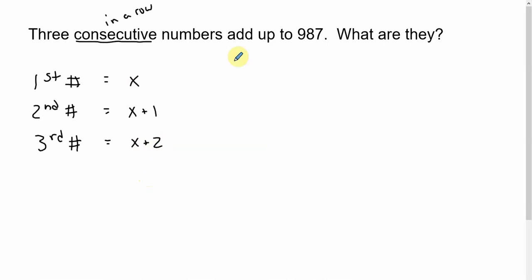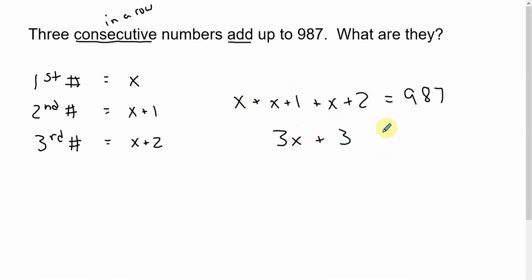All right. Now we are told that they add up to 987. Great. So x, the first one, plus x plus 1 plus x plus 2 equals 987. So now we've got our equation set up and we just have to solve it. All right, so again, simplifying, we have an x plus another x. That's 3x. And the 1 and the 2 are 3.